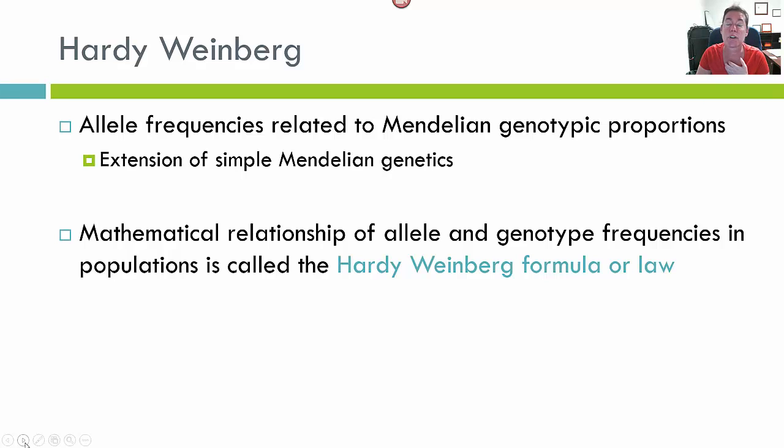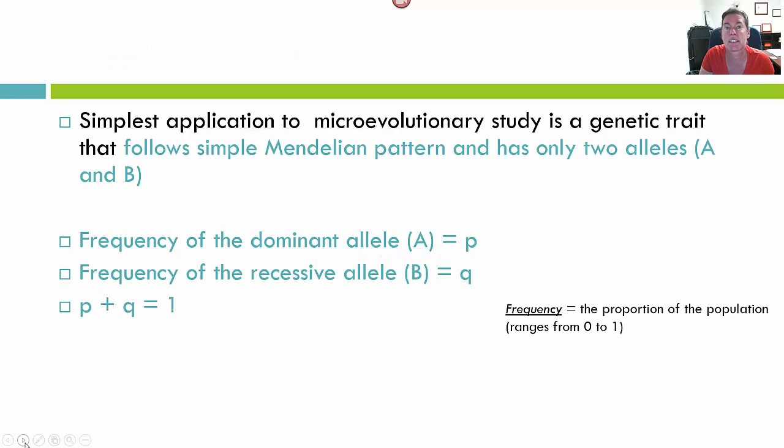With Hardy-Weinberg, the allele frequencies are related to Mendelian genotype proportions. This is a very basic extension of the simple Mendelian genetics that we've been talking about so far. This mathematical relationship of the allele and the genotype frequencies in a population is called the Hardy-Weinberg formula or law. The simplest application of Hardy-Weinberg equilibrium to microevolutionary study involves a genetic trait that follows a very simple Mendelian pattern and has two alleles, the A allele and the B allele.